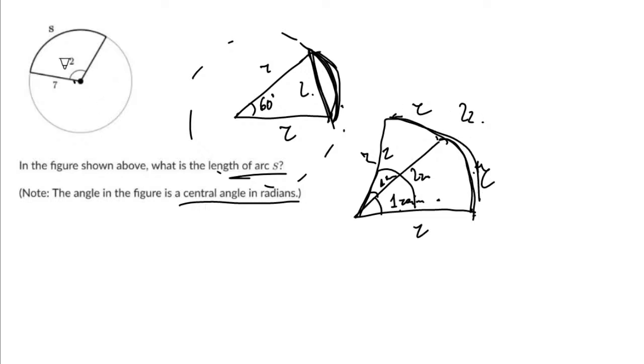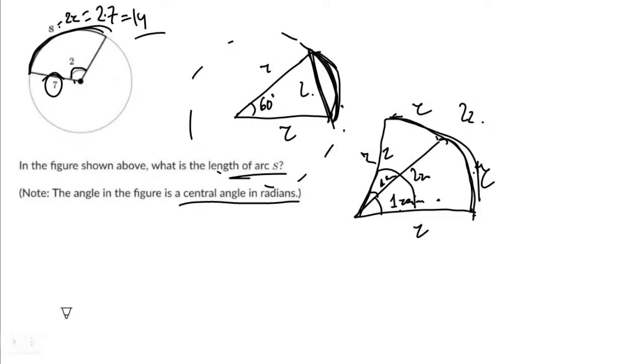So here is the same. We have a 2 radian angle, and then S forms an arc that is equal to 2 radius. Our radius is 7, so 2 multiplied by 7 equals 14. That's it. Any questions?